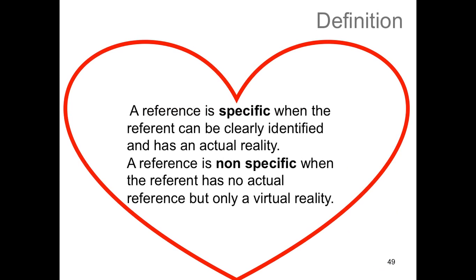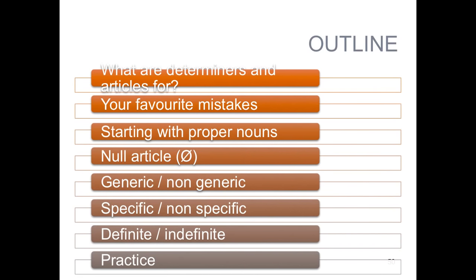So here's the definition that you should remember by heart. A reference is specific when the referent can be clearly identified and has an actual reality. A reference is non-specific when the referent has no actual reality, but only a virtual reality. Finally, if we go back to our tree, we must add one final branch under the specific section.